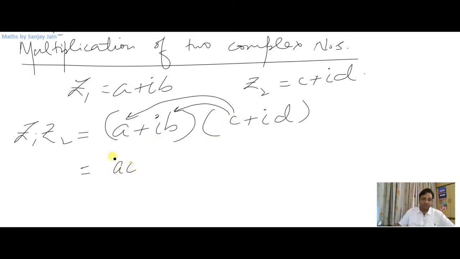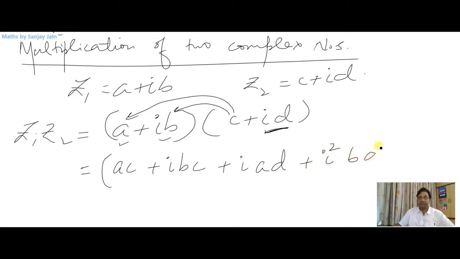A into c will give you ac plus iota bc. Then I'll multiply this term with these two, so I'll write iota ad and then iota squared bd. Now this iota squared can be written as minus 1, so this term is ac and this will be minus bd. So I'll write these terms together.